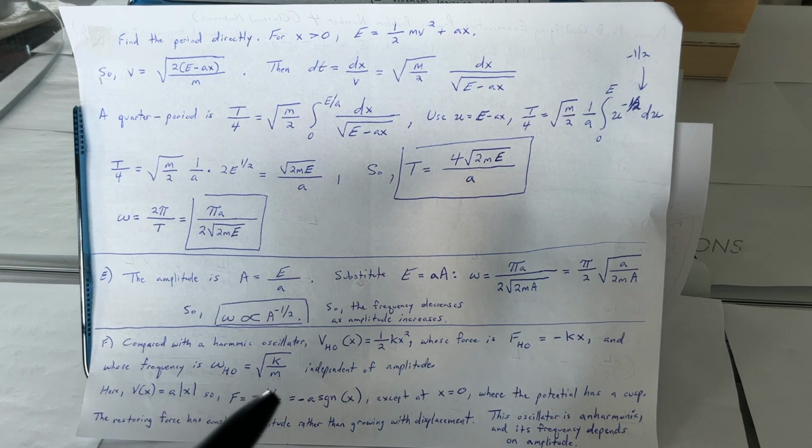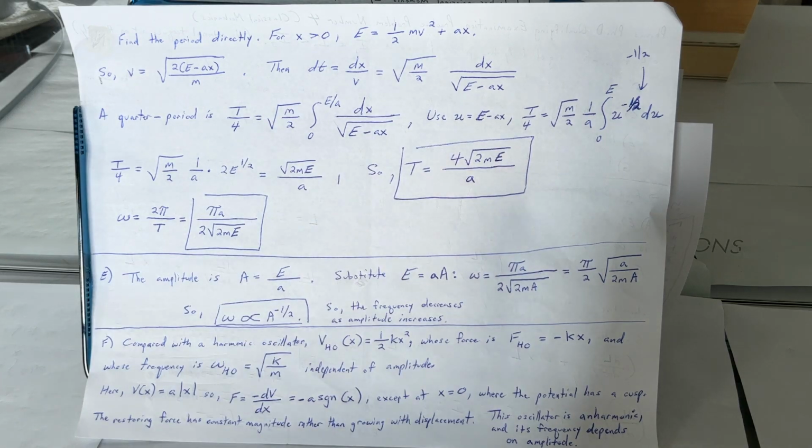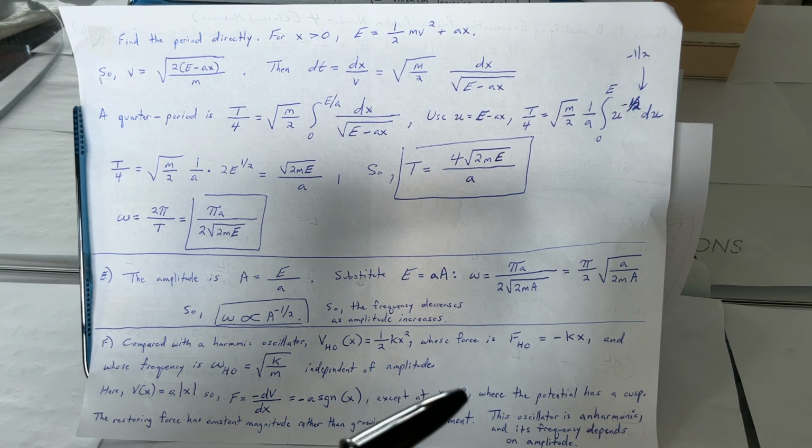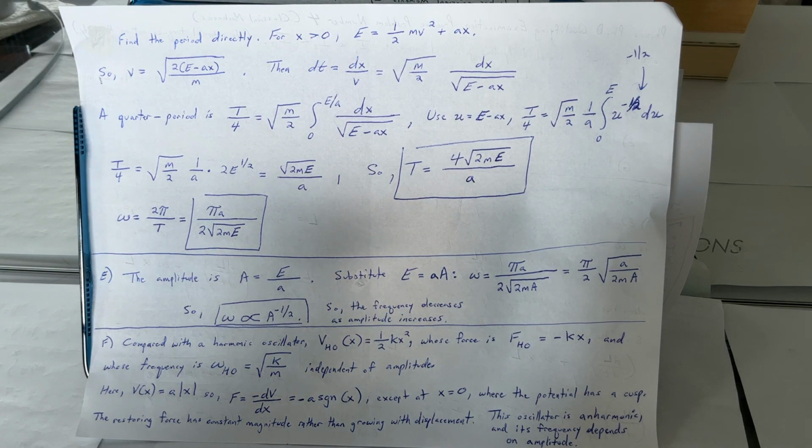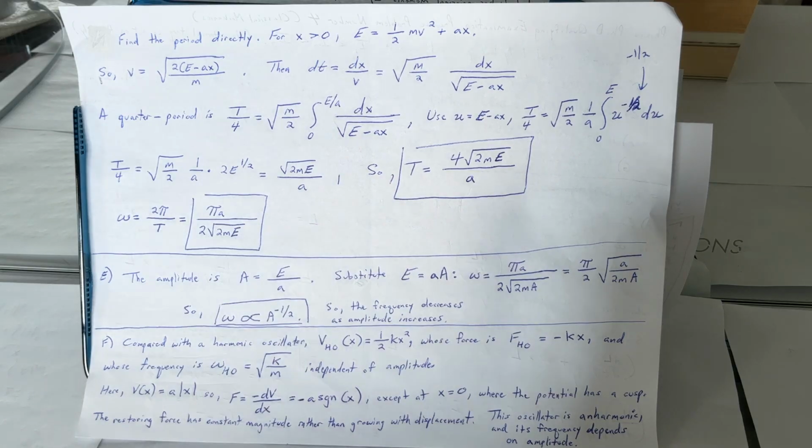So F equals the negative derivative of V with respect to x, which equals -a times the sign of x, except at x equals 0, where the potential has a cusp. So the restoring force has constant magnitude rather than growing with displacement. And we can say this oscillator is anharmonic, and its frequency depends on the amplitude.